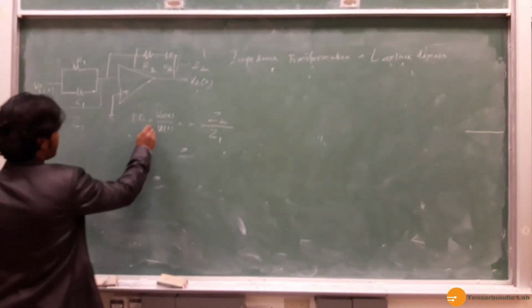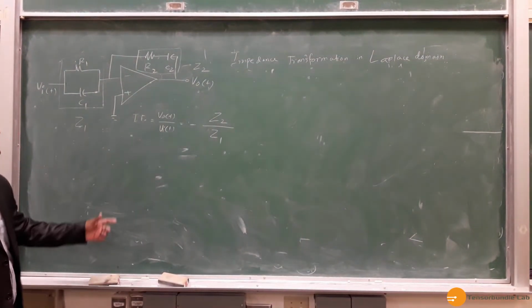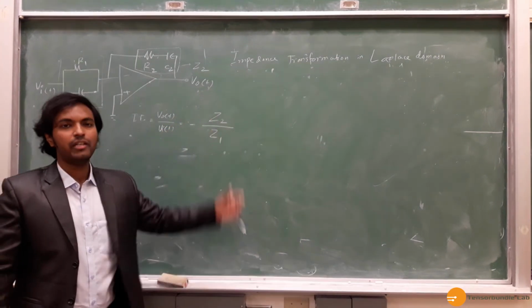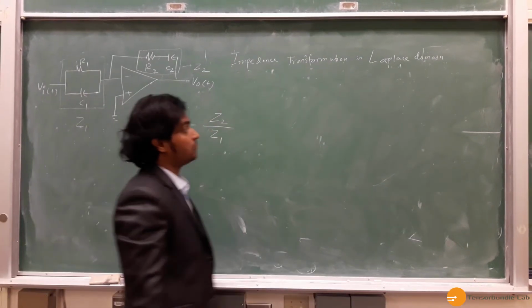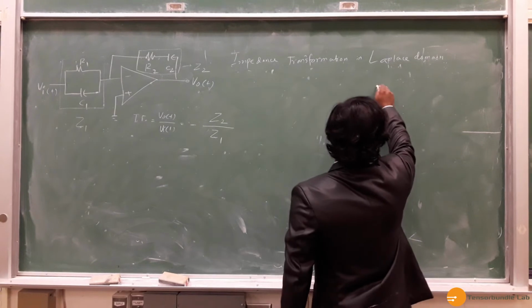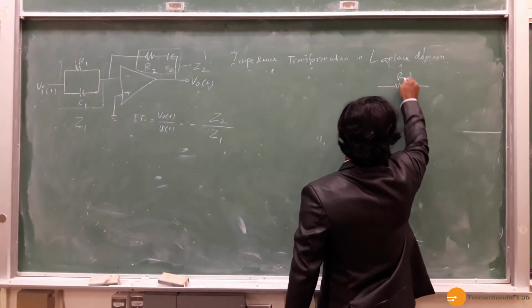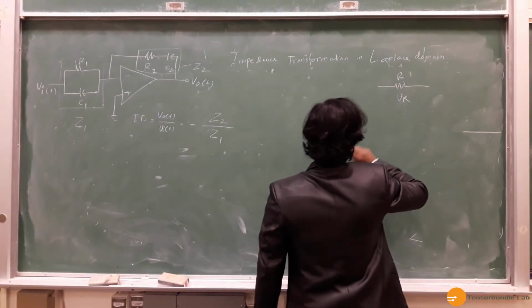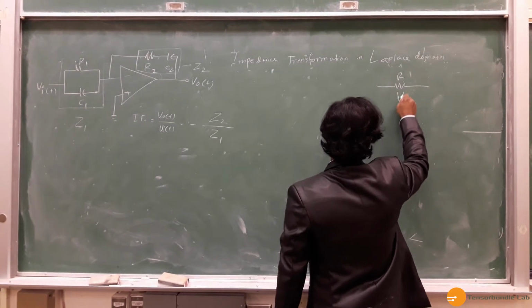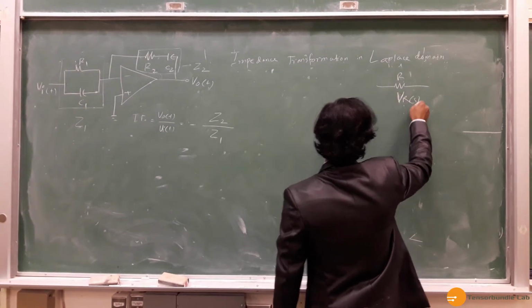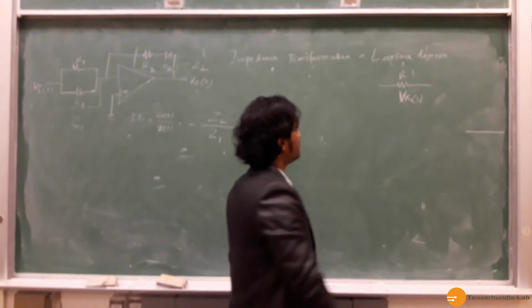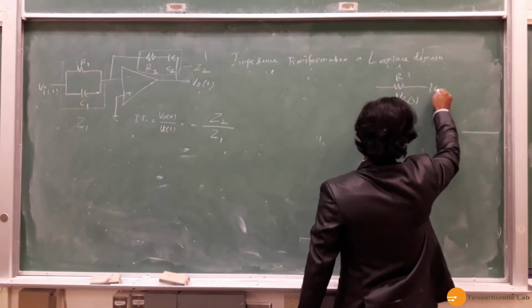Now before solving for the transfer function of the circuit, I would like to highlight the impedance transformation in S domain or Laplace domain. Imagine we have a resistor R having a voltage V of R. Let's say it's a capital V because we are dealing in S domain. So the current is I of s.